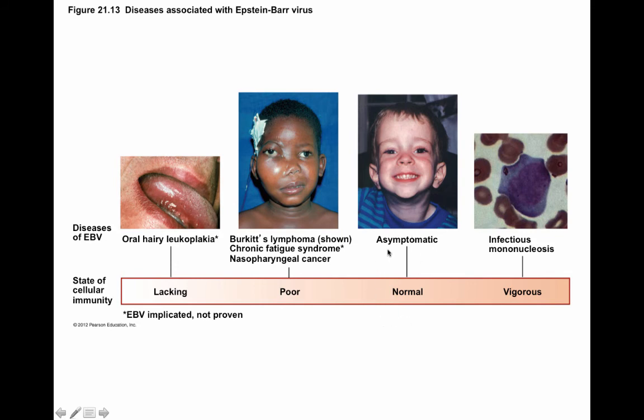If they have some reaction but not strong like an adult, it tends to result in a truce between mono and the host. So these guys are asymptomatic.